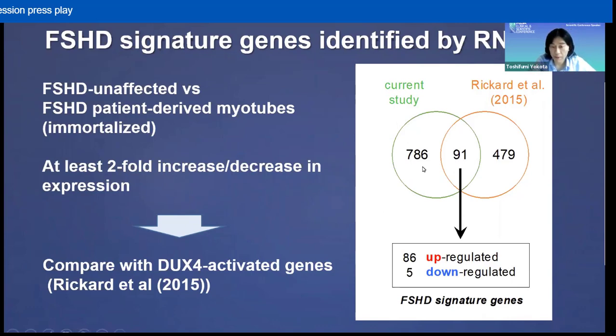To offset the noise, we used previous studies to identify upregulated genes and downregulated genes in FSHD. So we call them FSHD signature genes.